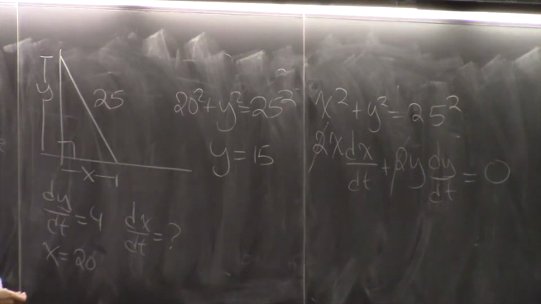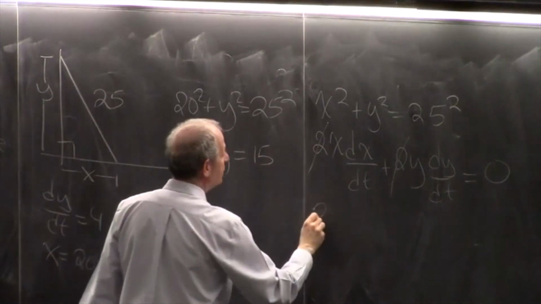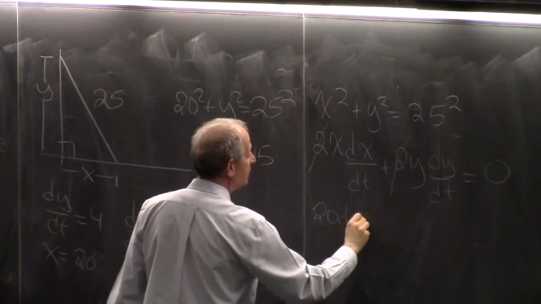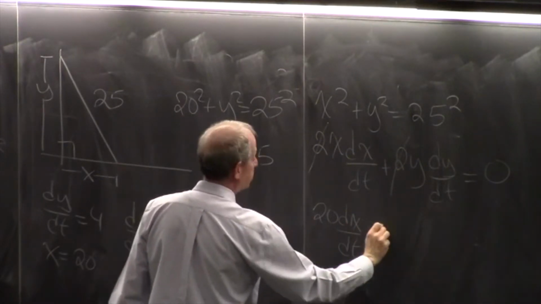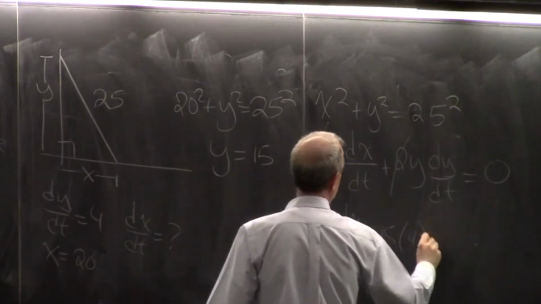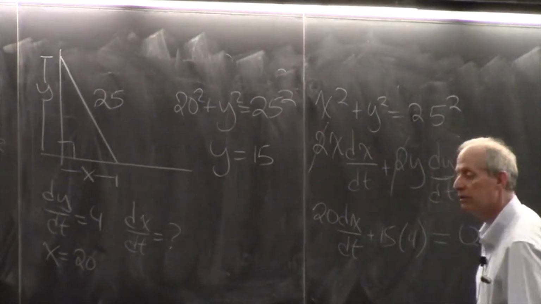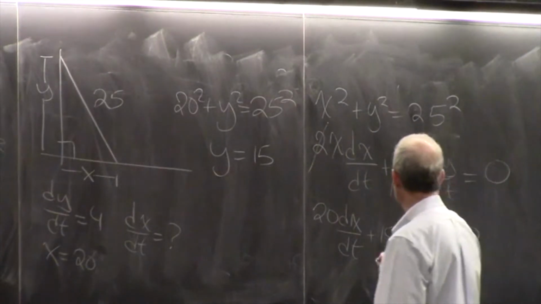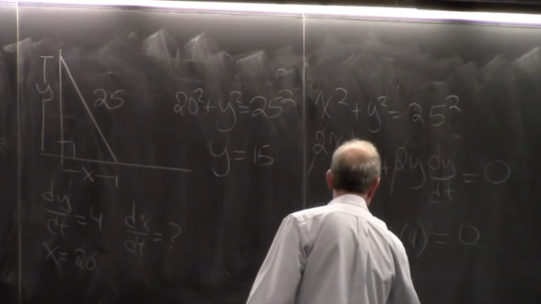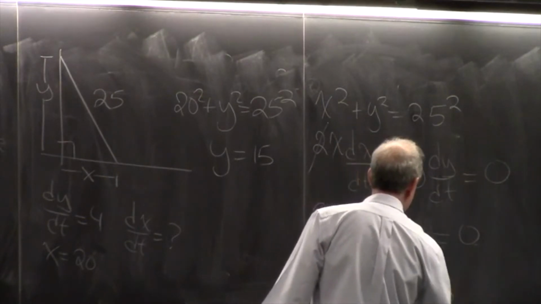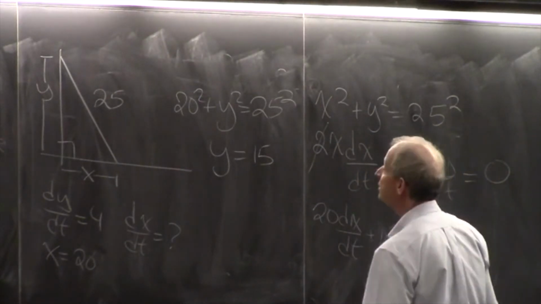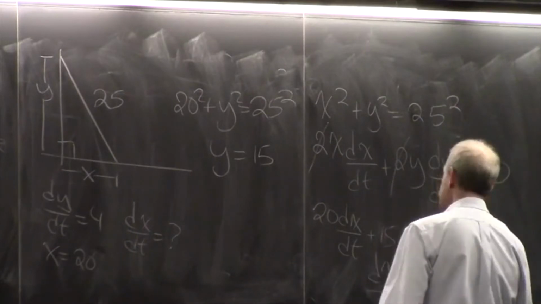So now you just plug in. You get 20 dx/dt plus 15 times 4 equals 0. And you get dx/dt is negative 3 feet per second.